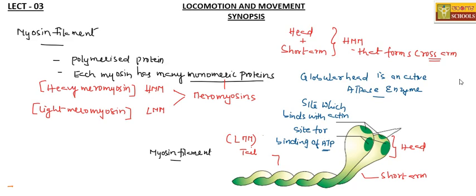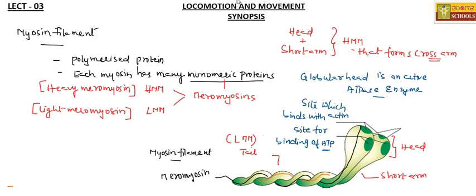And here, this is the meromyosin actually. From this end to wherever I'm drawing the line, this is one meromyosin, and I'll draw another one with a color.